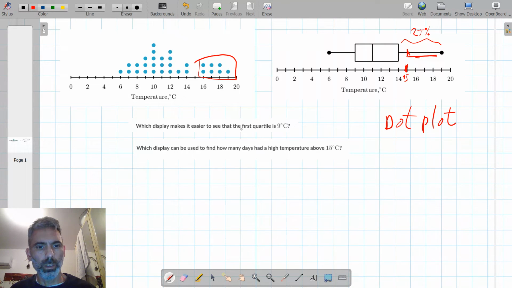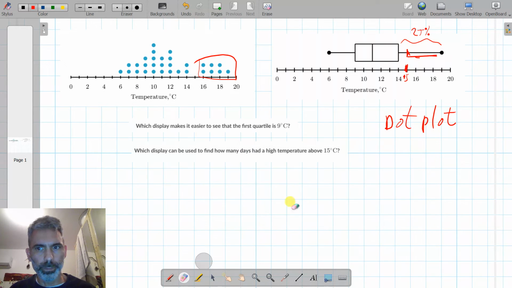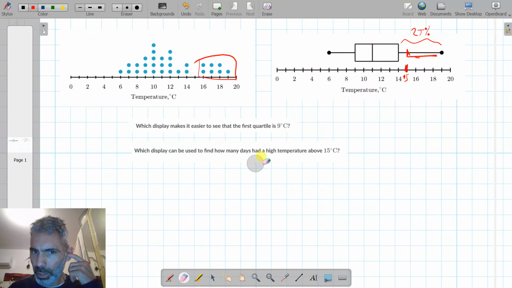I'm sorry, I mixed up. Sorry. So this question, which display can be used, how many days had a high temperature above 15 degrees Celsius?